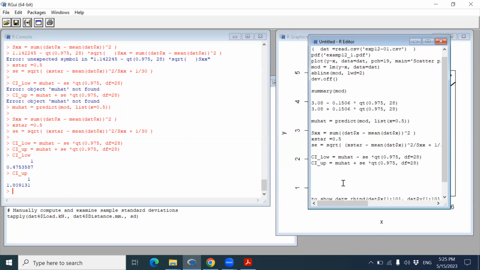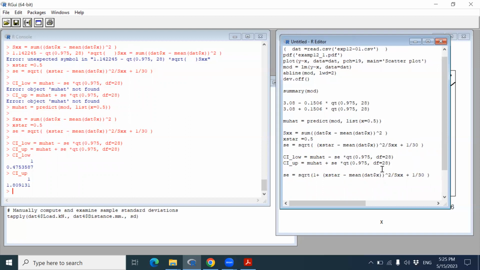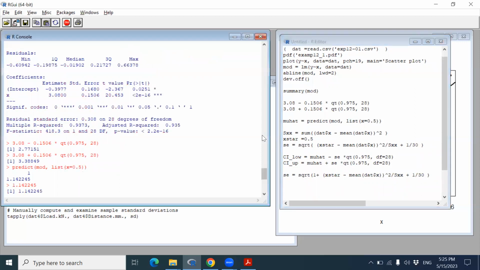For the prediction interval, the standard error will change. So we're going to copy that, but we'll have to have 1 plus that. Excuse me, I'm missing the s squared. Just now for the standard error, I have the square root, but I missed the s squared. Where do I get the s squared?